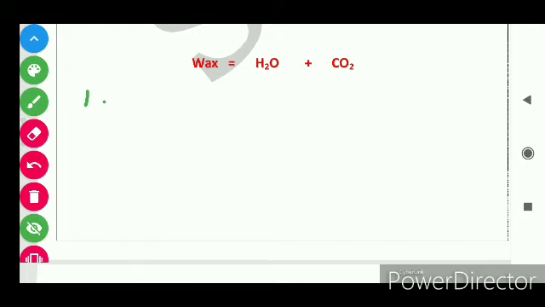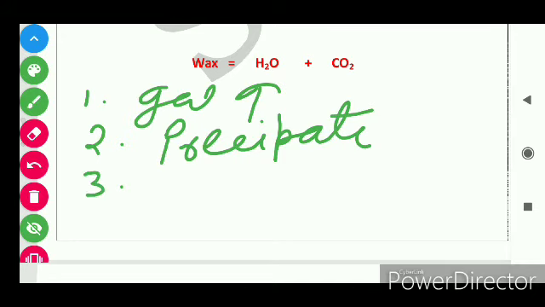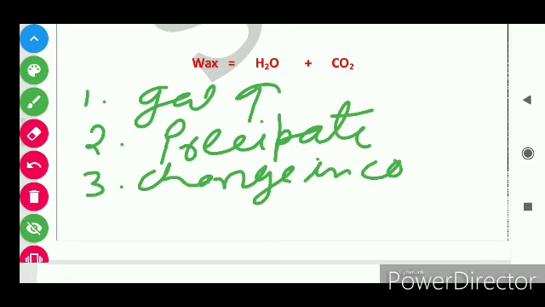Number 1, evolution of gas. Number 2, formation of precipitate. Number 3, change in color. Number 4, change in temperature.